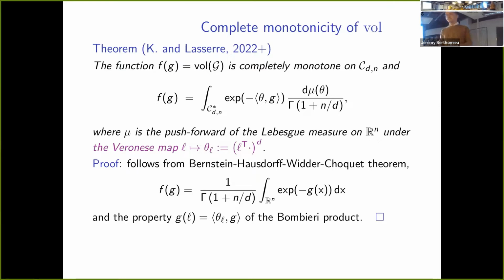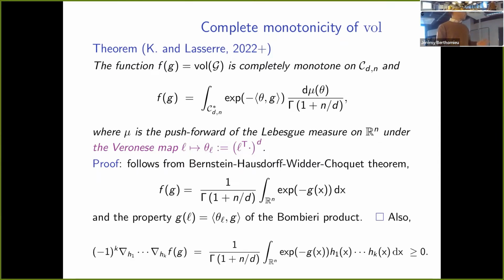That's one classical property that the Bombieri form has, and that's basically the whole proof of complete monotonicity. And you can also take the direct definition of complete monotonicity, namely take derivatives, and this is the formula for any k-fold directional derivative, and you can see that the integrand is non-negative, and believe me, it converges, and so the non-negativity will follow.